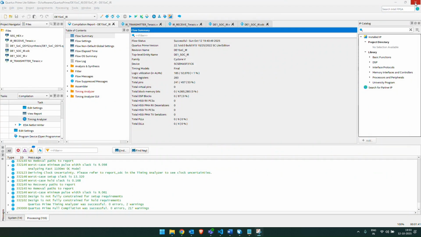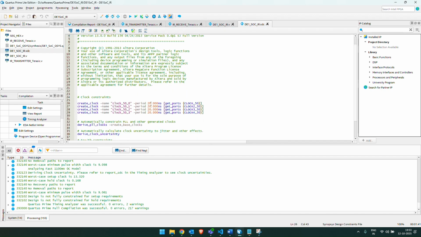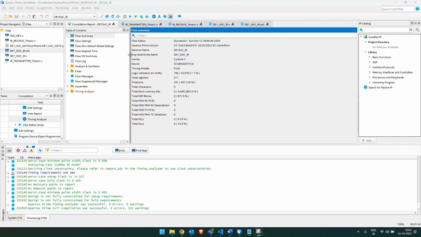We will close this and we'll change the Synopsys design constraints file. Let's make the clock 2 nanoseconds and check the critical path and the timing. Save this and synthesize again. The synthesis is done now.